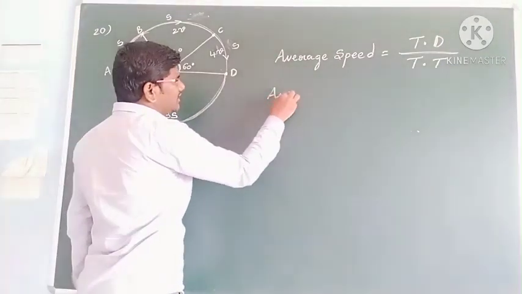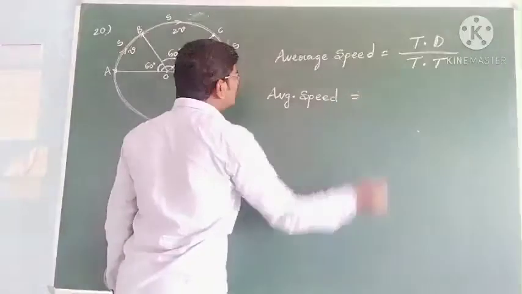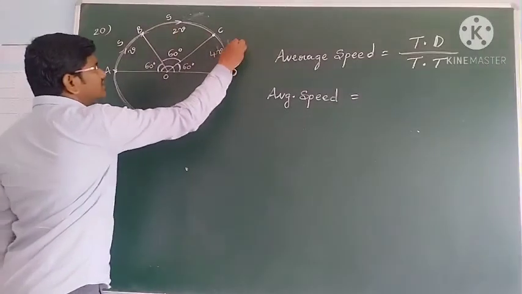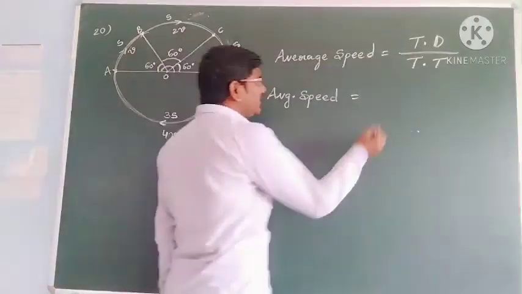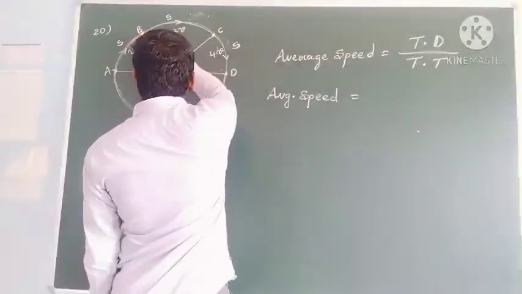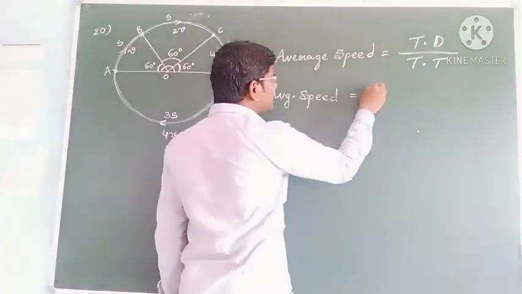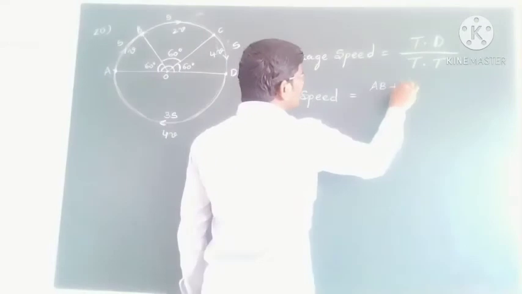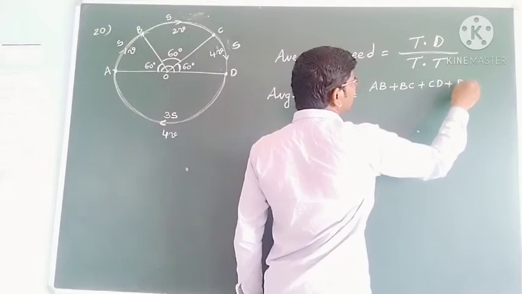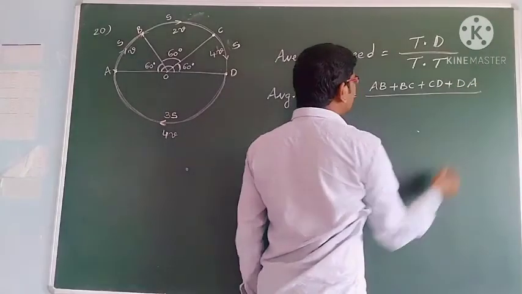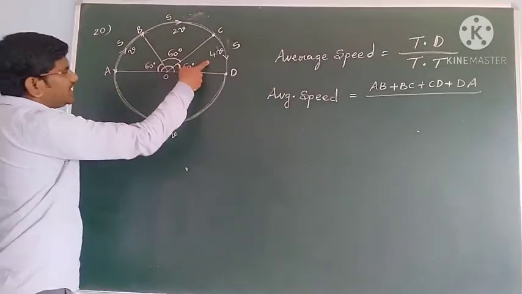Total distance means AB plus BC plus CD plus DA.